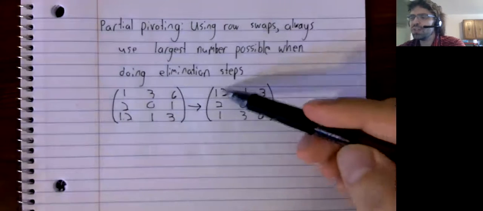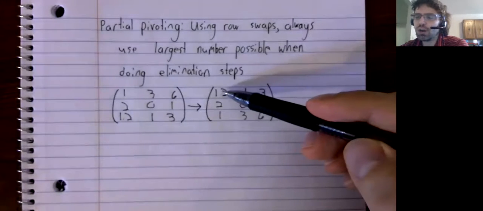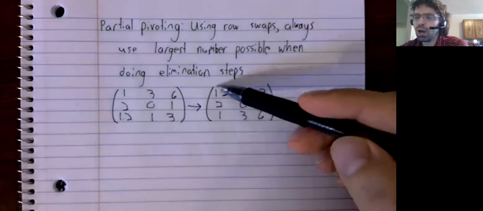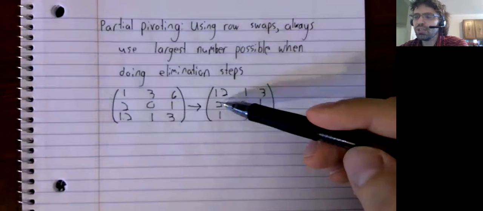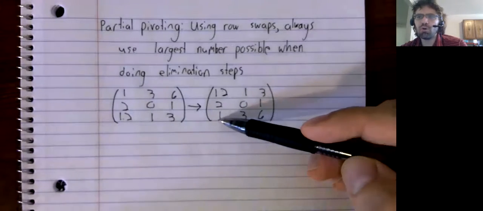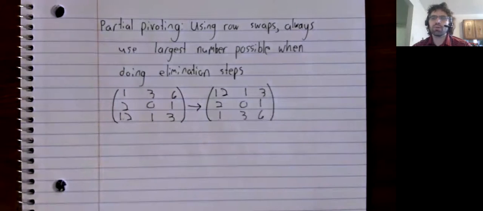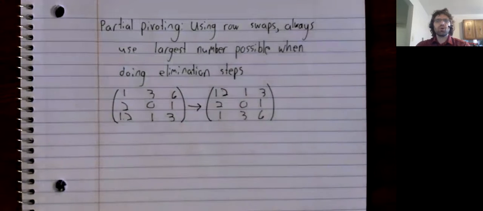And then we'd be using the largest number possible to eliminate the smaller numbers. The question of why this partial pivoting step works is outside the scope of this course.